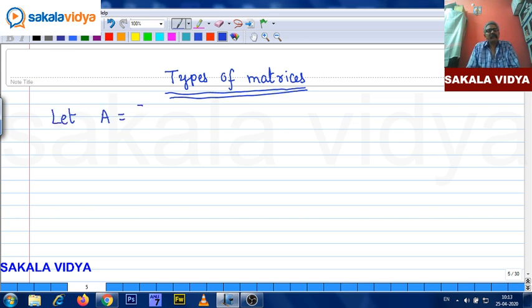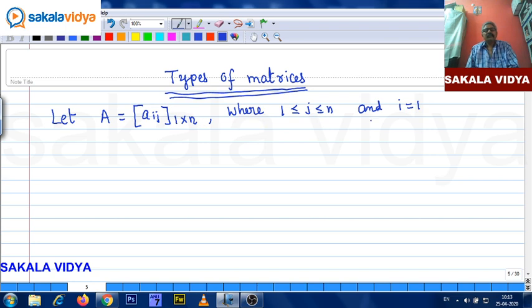A is equal to Aij, for example, 1 by n, where 1 less than or equal to j less than or equal to n, and here i is fixed, i is equal to 1, only one row, that means n columns. This is called a row matrix, which has only one row.